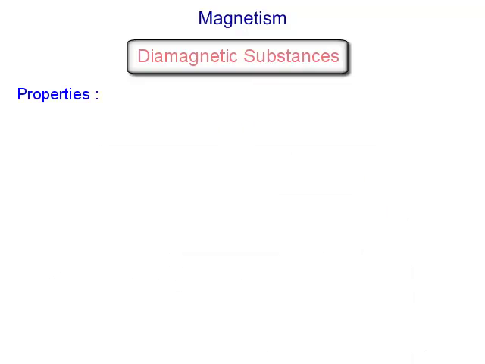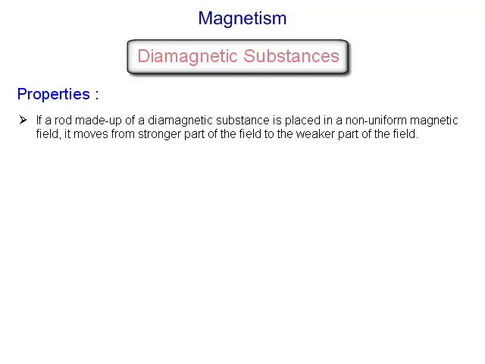There are a few important properties of diamagnetic substances. These are as follows. If a rod made up of diamagnetic substance is placed in a non-uniform magnetic field, it moves from the stronger part of the field to the weaker part of the field.